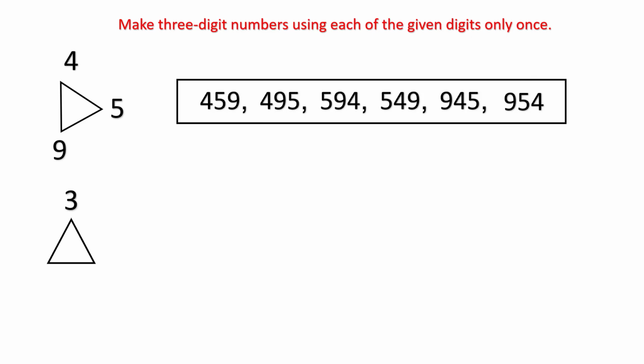Given digits are 3, 7, 0. We make 3-digit numbers from 300: 370 and 307. Then we make 3-digit numbers from 700: 703 and 730.